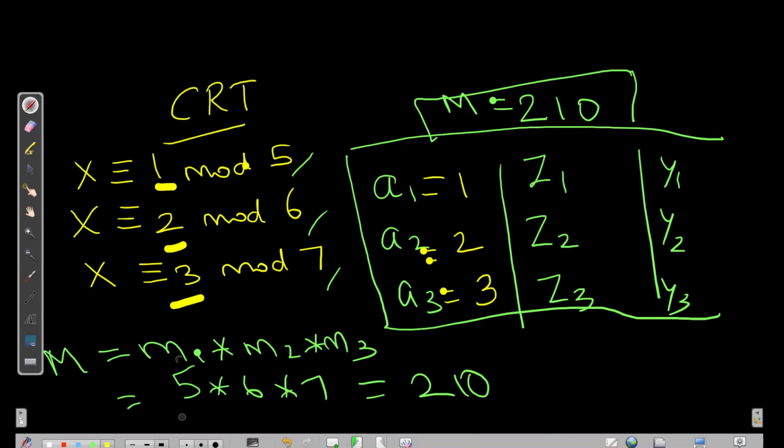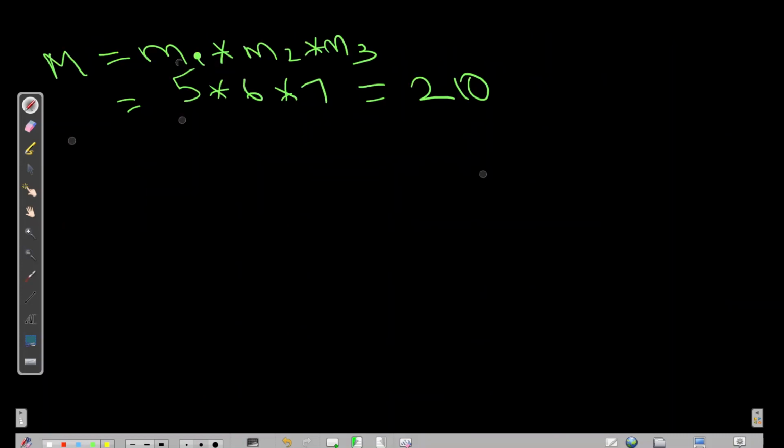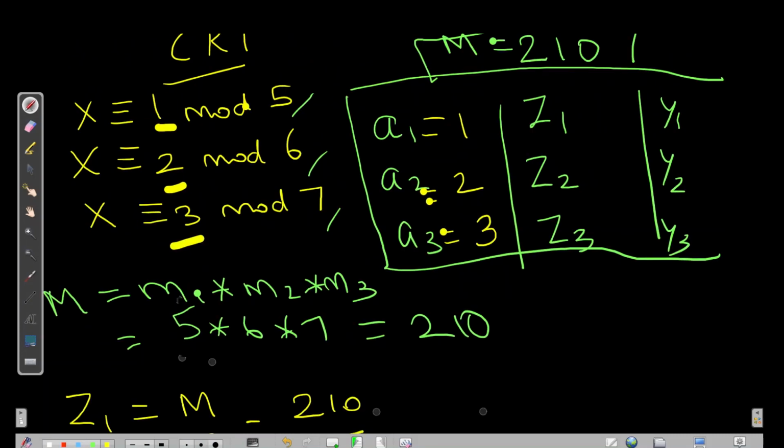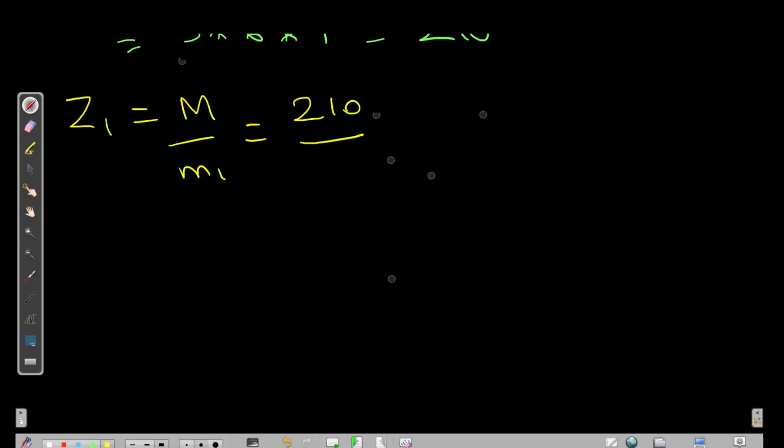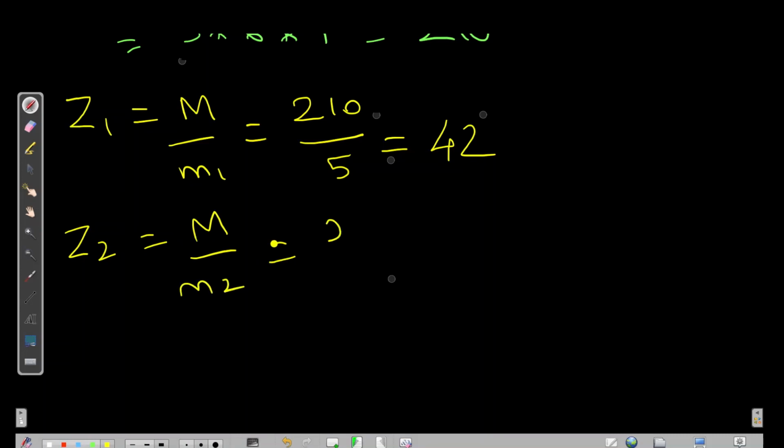Now the next step is we have to find z1, z2, z3. How to find z1? z1 equals capital M divided by small m1. We got 210 divided by small m1, which is 5. So 210 divided by 5 is nothing but 42. Similarly, z2 equals capital M divided by small m2, which is 210 divided by 6.